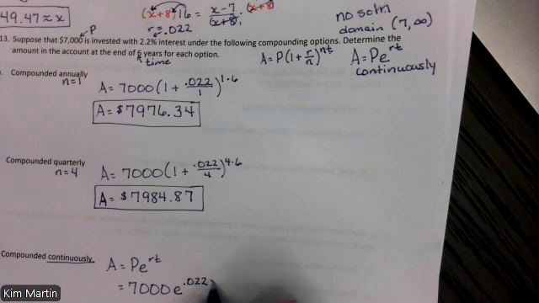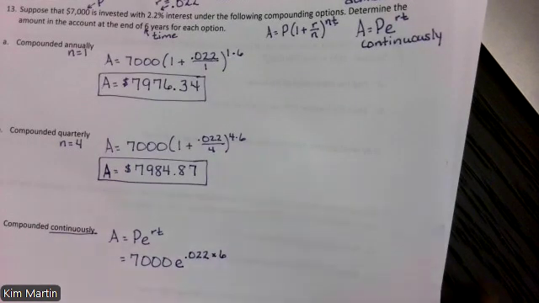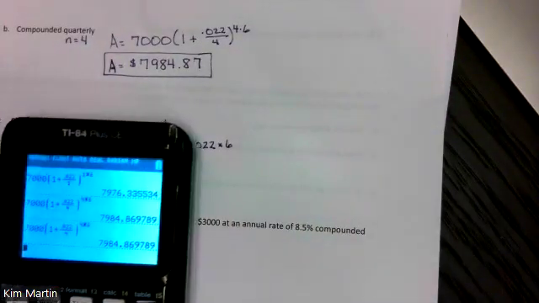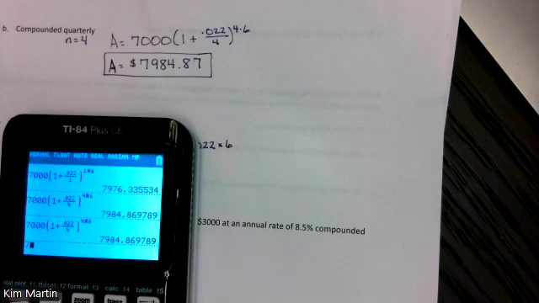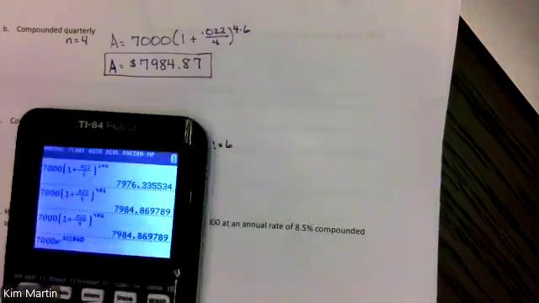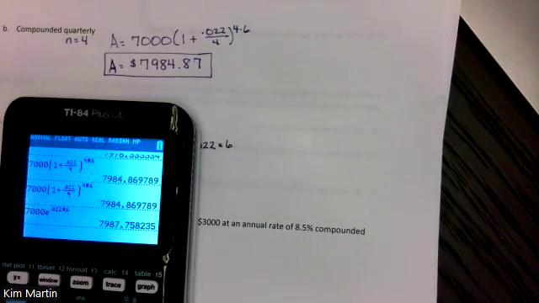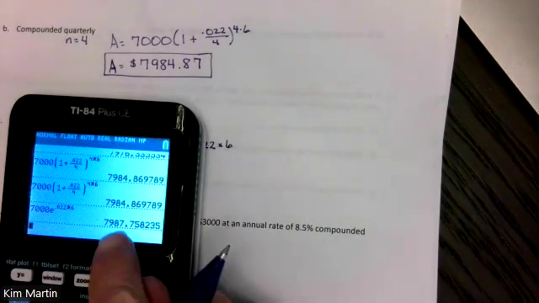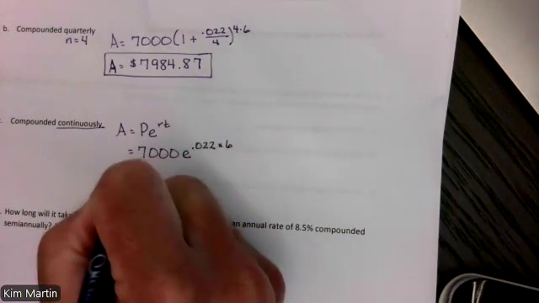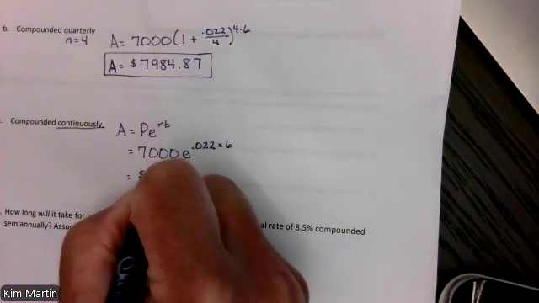That's multiplication between it times our time, which is 6 years. Now, 7,000 e raised to the 0.022 times 6. Just making sure. And it gives us that amount right now. It's not a whole lot more in these, but every little bit counts these days.